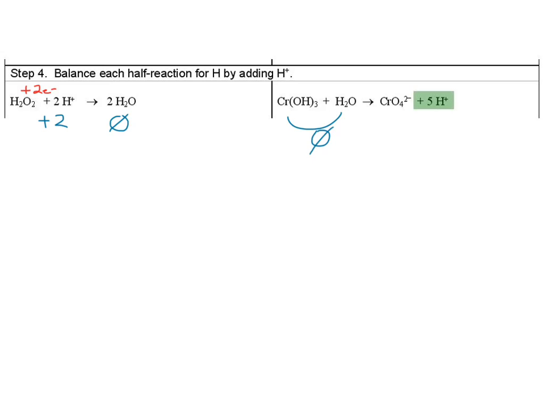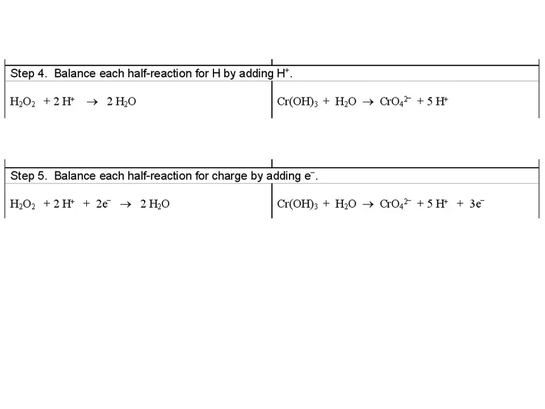That's kind of fun. We've got a -2 plus 5, or a +3 here. So in order to make that +3 go to a 0, we're going to have to add 3 electrons there. So we added 2 electrons over here and 3 electrons over here.